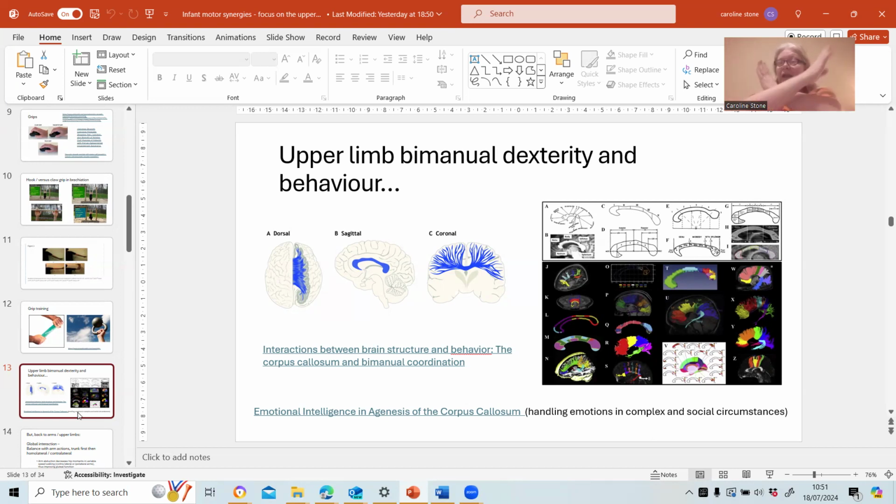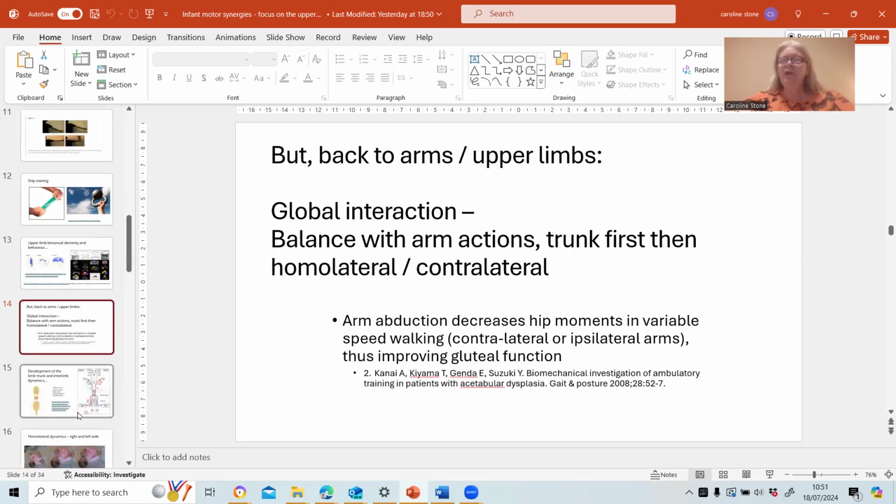And it's about being able to communicate between the hemispheres, not just within one hemisphere or within the other, but between and then within and back and within, that informs our essential cognitive and emotional competence. So that's a lot for upper limbs to manage, isn't it?